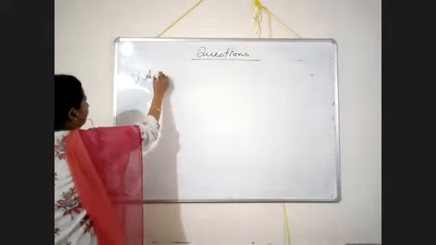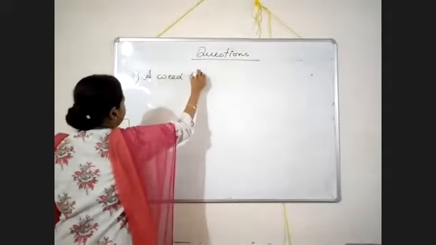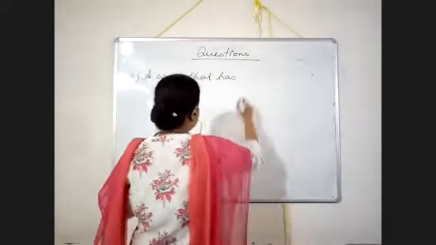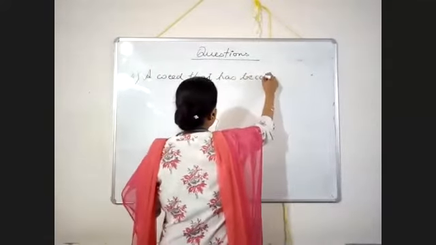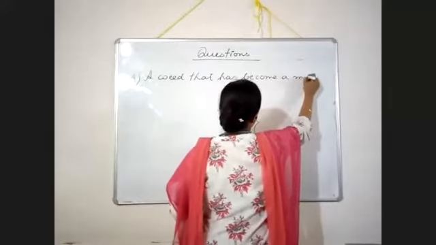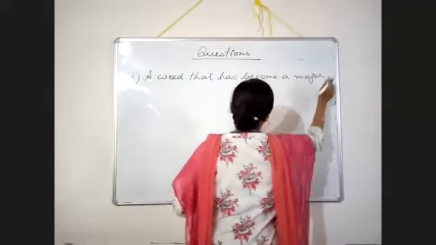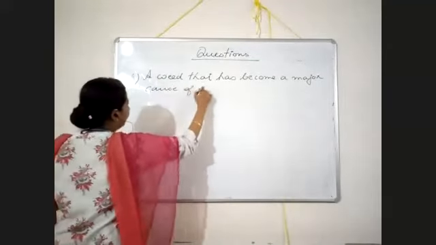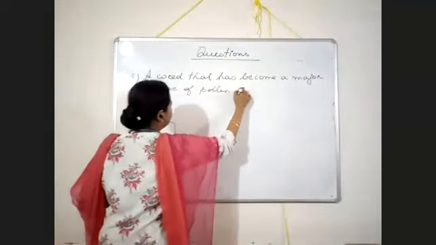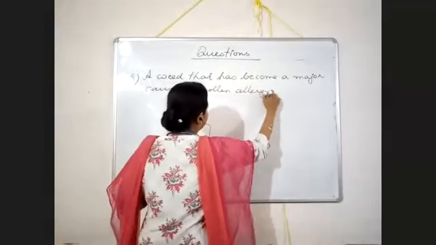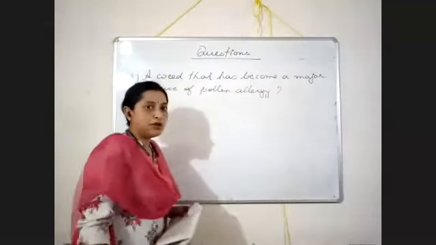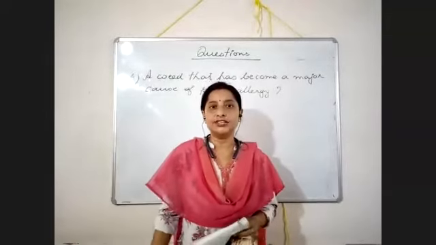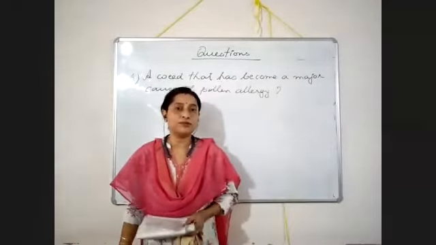A weed that has become a major cause of pollen allergy. What is the answer? Name a weed that has its greatest contribution to pollen allergy. We have talked about pollen allergy.